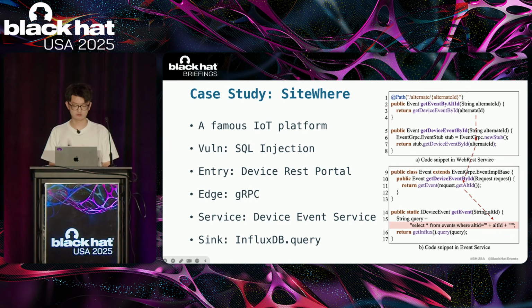Traditional tools struggle to catch this issue because the tainted data crosses different services. But MScan detects it by modeling all the inter-service communication in detail. This clearly shows why capturing cross-service data flow is essential for modern security analysis.